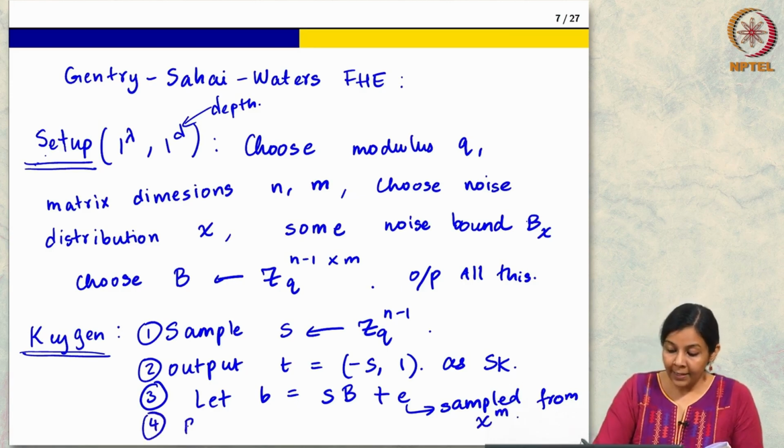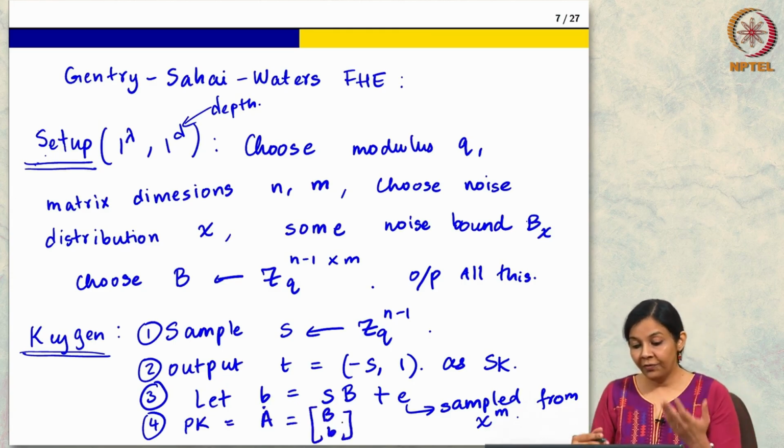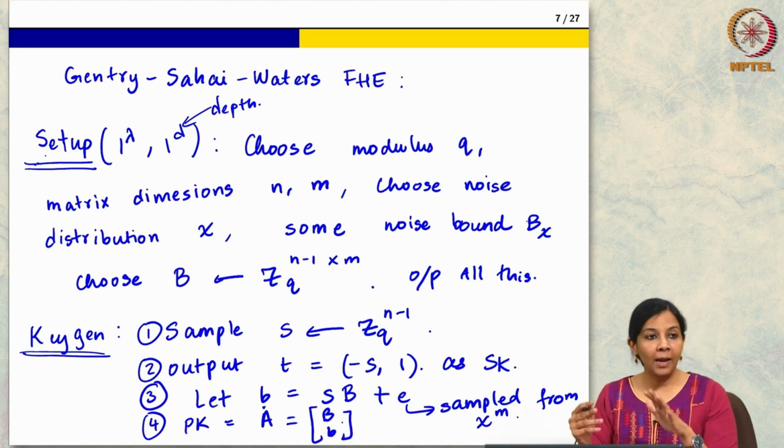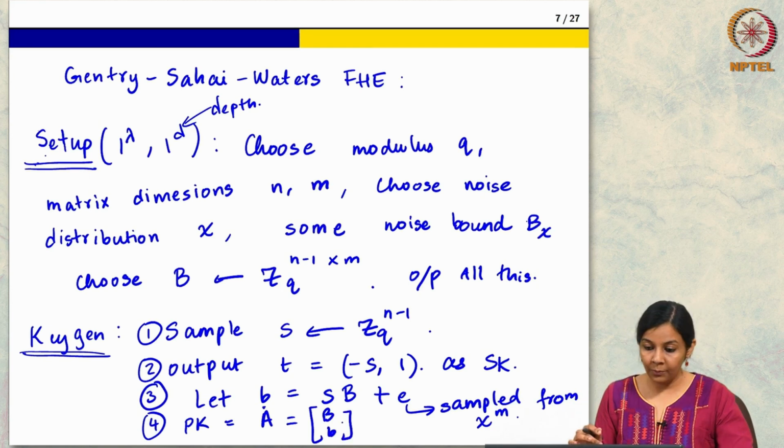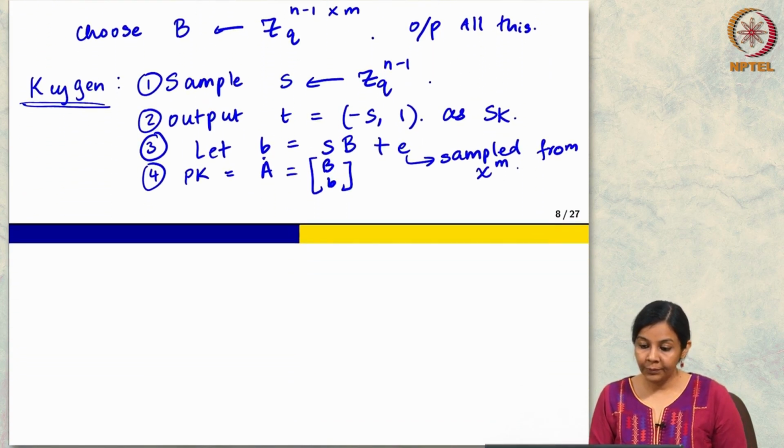So, the public key will be, we will call it A, which is the fixed matrix B followed by the LWE sample computed with respect to B. Okay. Is it clear?